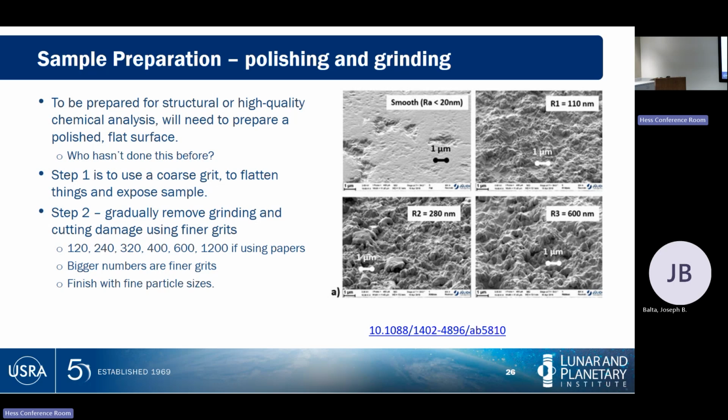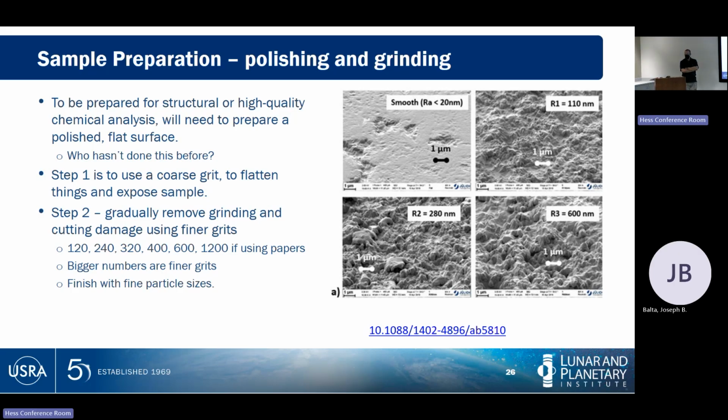So here, we gradually grind down the sample to a better and better polish, flattening it so that the backscatter signal is literally coming from a flat surface at every point. Same thing with the EDS signal. It's now hitting a flat surface, hitting a controlled volume, and coming back up.